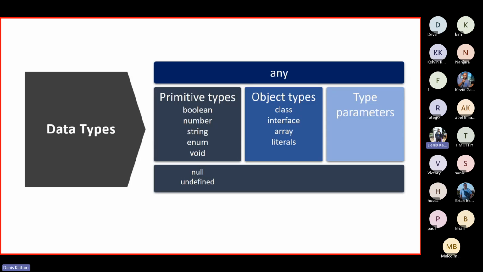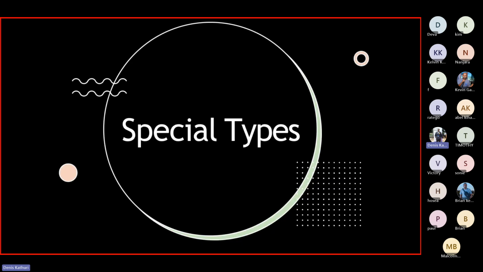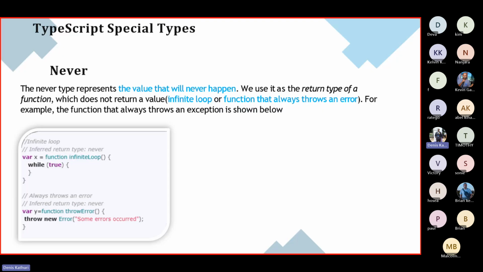A special concept in TypeScript is special types, and one of these special types is never. Never represents a value that will never occur, and we use it as the return type of functions that do not return a value, mostly in an infinite loop or a function that always throws an error.